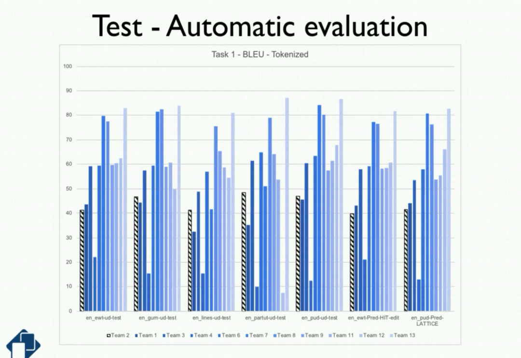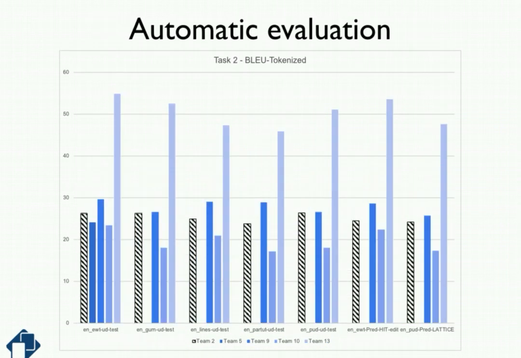So we see that we are not the best, but we are not the worst either. This is for T1, and this is for T2. For T2 there were quite fewer participants, and we see that except for this one, we are quite competitive.